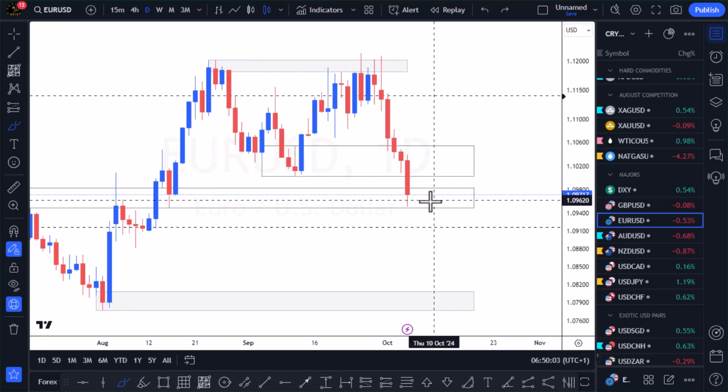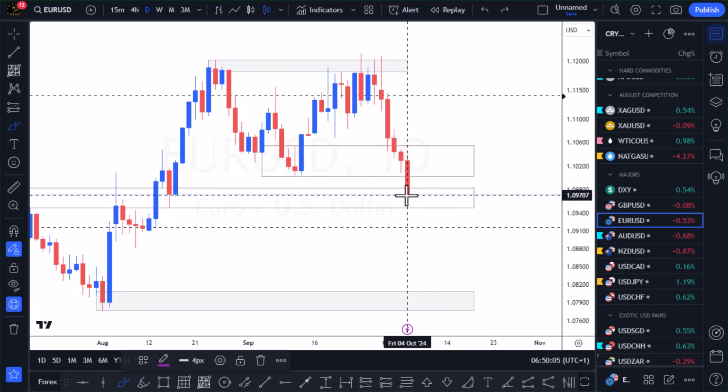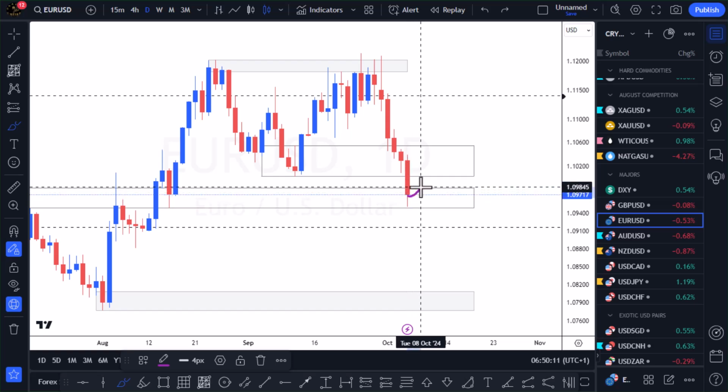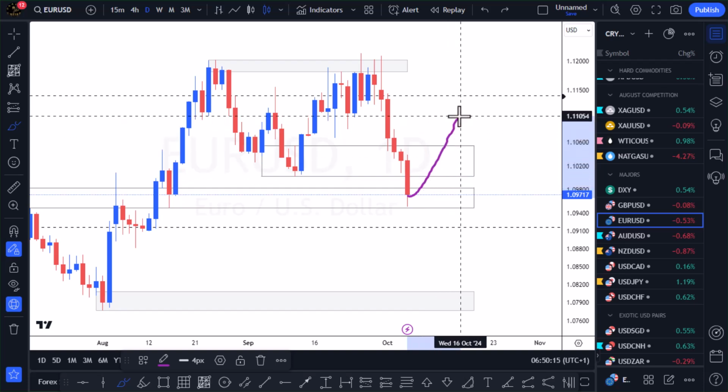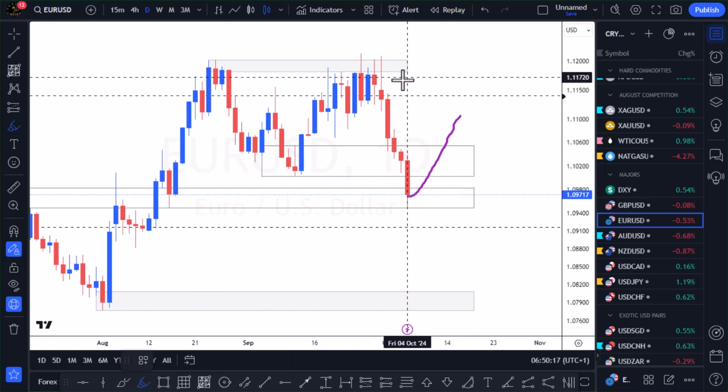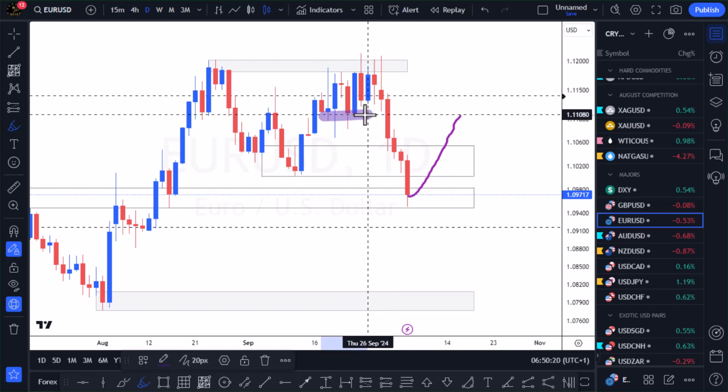Right at this point, at the price of 1.09707, there is a higher tendency for the bulls to make a pushback. If the pushback should occur, the next technical zone you should be interested in is the series of lows at the price of 1.11080.